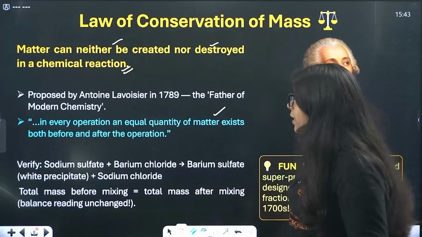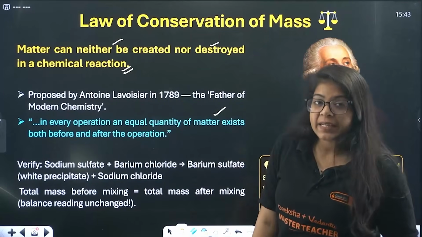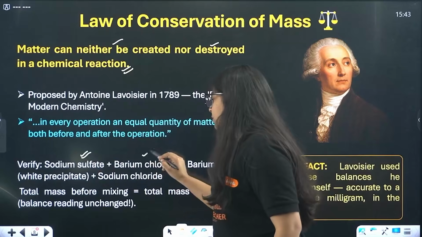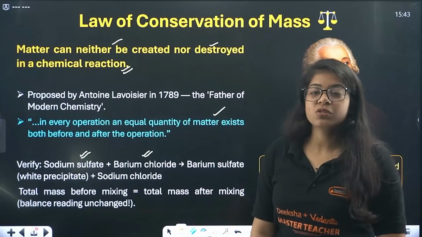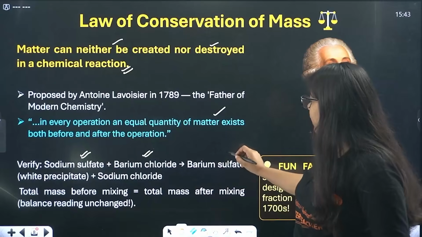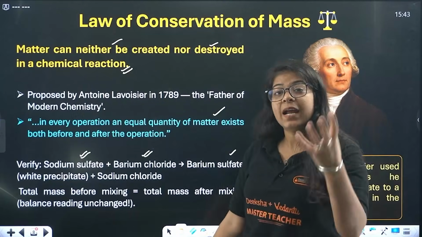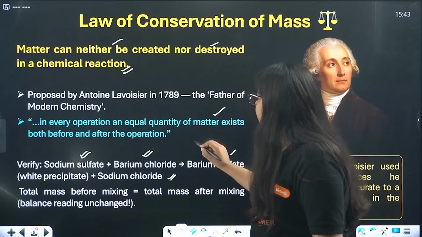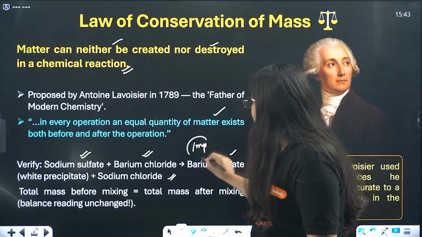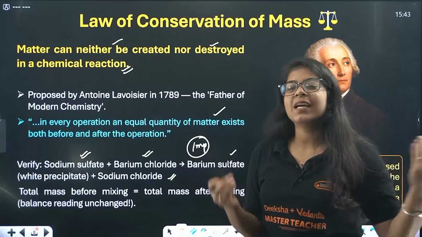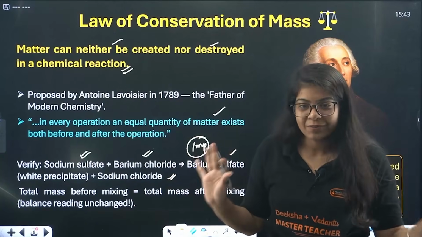Okay, now beta, how do we verify that? How do scientists verify this? They used sodium sulfate plus barium chloride, and it got converted into barium sulfate, a white precipitate, and sodium chloride. This is a very important reaction in your 10th class. Don't worry, ask any of your seniors, they'll know this reaction by heart.